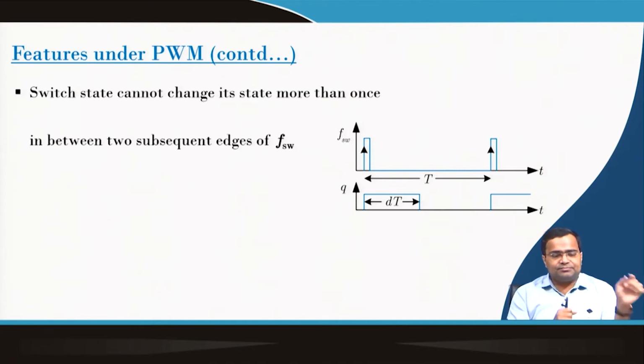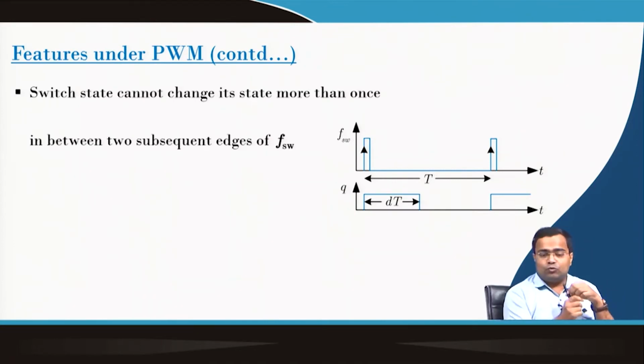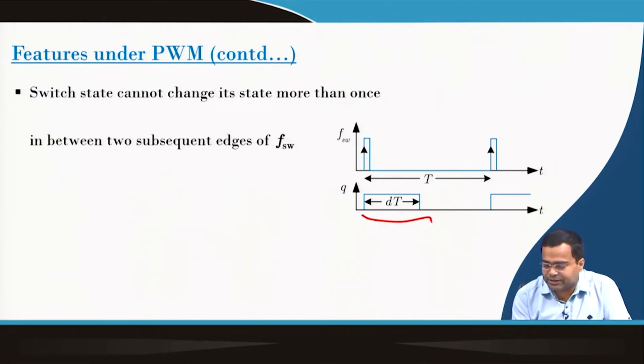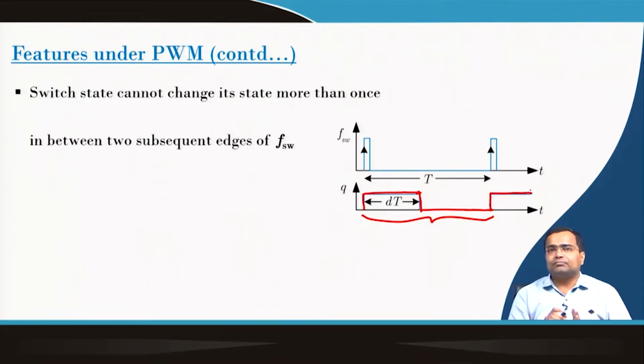What are the other features? In PWM operation, looking at this waveform, once the Q is turned off, we want the switch to remain off for the rest of the duration. That means we do not want false triggering or multiple switching.